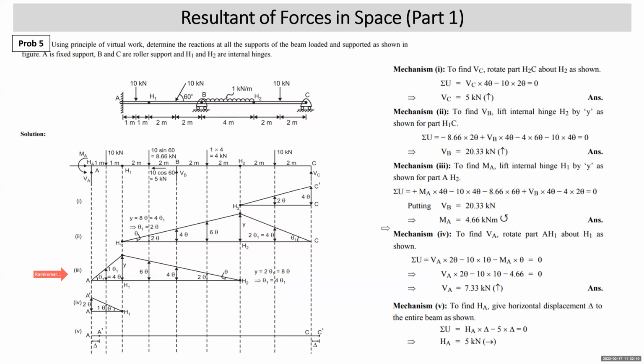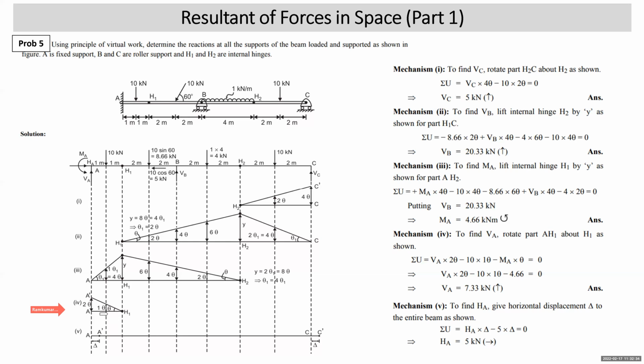Now to find VA, we are considering the FBD of part AH1. After splitting at H1, only the left hand side part, and I'm rotating the beam by small angle theta about H1, so that internal hinge reactions will not do work, and only VA, MA, and 10 kilonewton will do work.